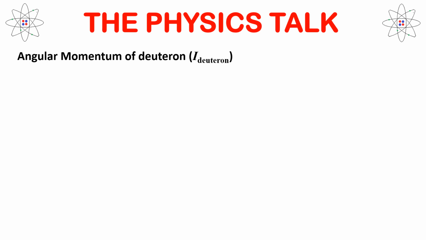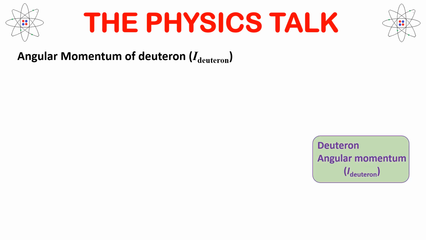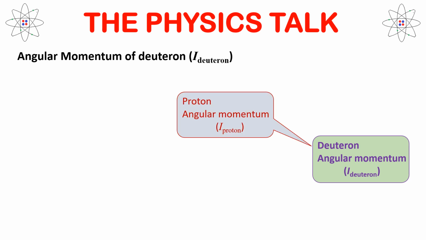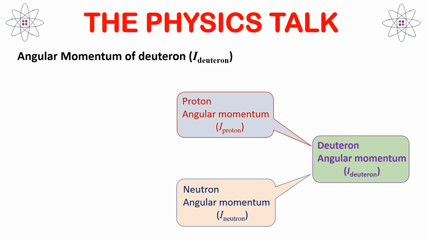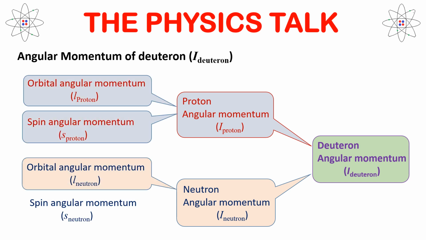Right now, let us focus on its angular momentum. Since deuteron is composed of two particles, its angular momentum is the vector sum of the individual angular momentum of these two particles, one proton and one neutron. Each of these particles' angular momentum again has contributions from its orbital and spin motion.